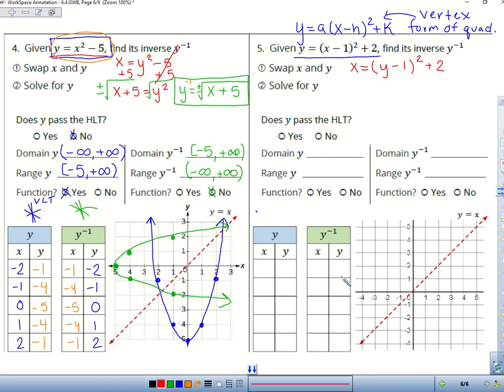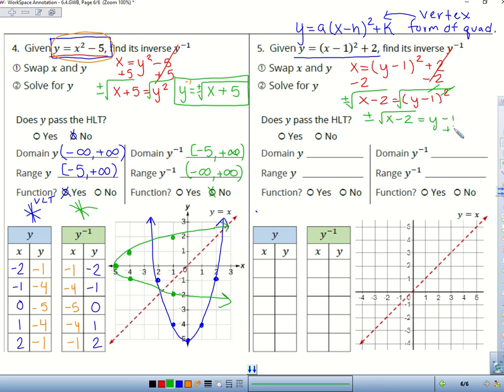What's my first step in getting y by itself? Subtract 2. Good. How do I get rid of a square? Square root it. That leaves me with plus or minus the square root of x minus 2 is equal to y minus 1.